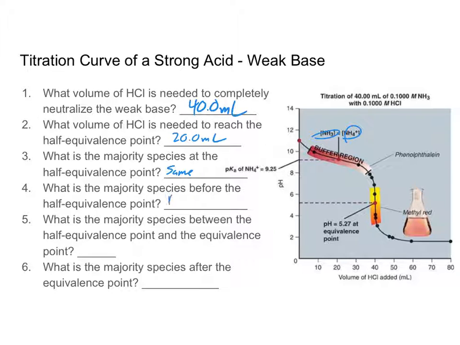The base in this case, NH3. What's the majority species between the half equivalence point and the equivalence point? Well, we're going to say acid because it's probably some combination of the NH4 plus and the HCl. And then what's the majority species at the equivalence point? The acid.